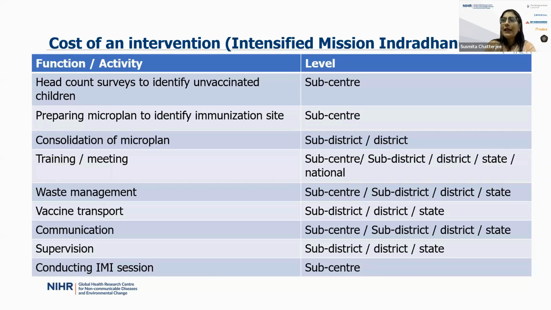So those were identified. For example, in Assam, they told us that there are many places which are inaccessible during 6 months of a year. Whole 6 months, you cannot access those areas because of heavy flood. So for 6 months, children were not vaccinated there.